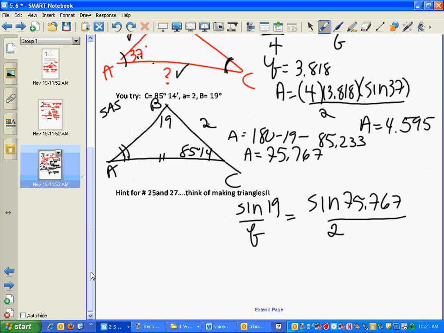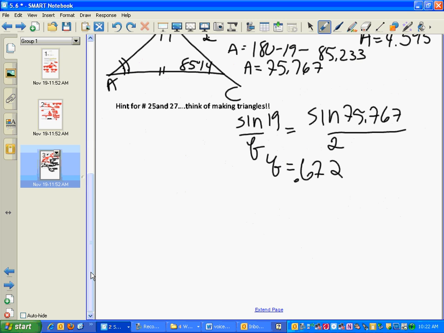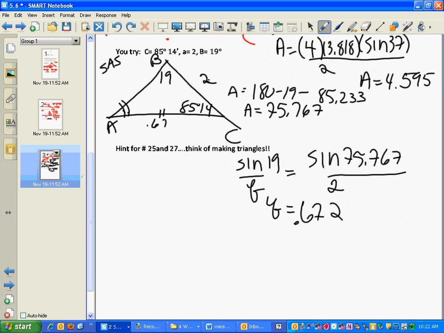And so 2 times the sine of 19 divided by the sine of 75.767 tells you that B is about 0.672. So this is 0.672.